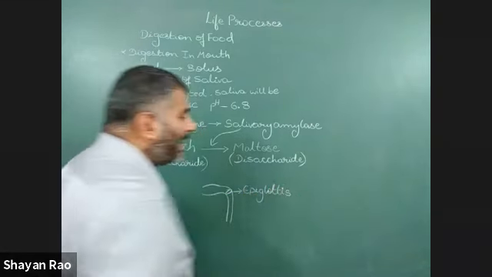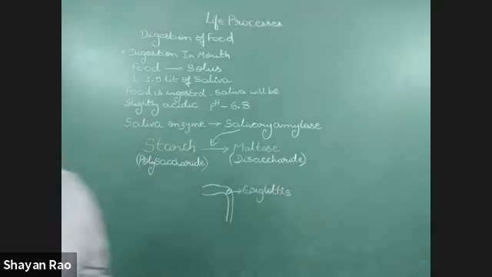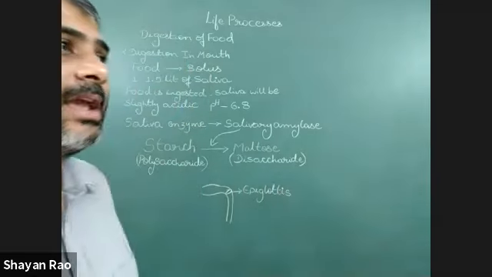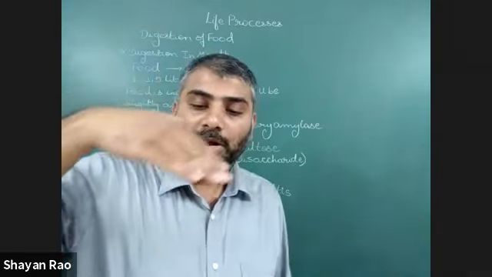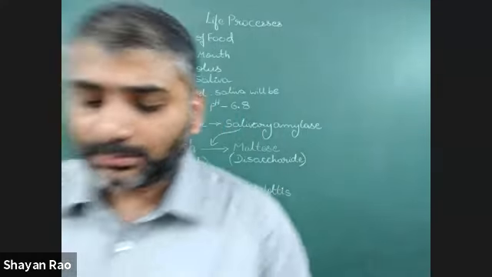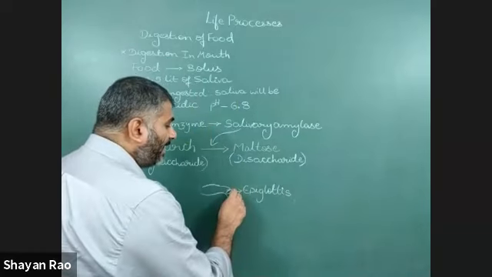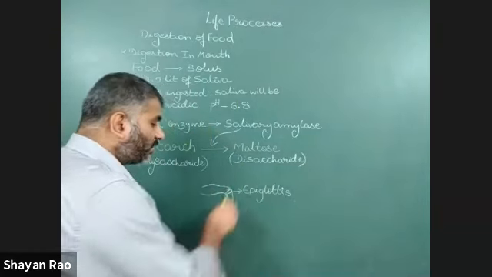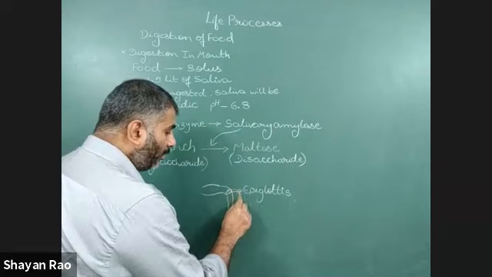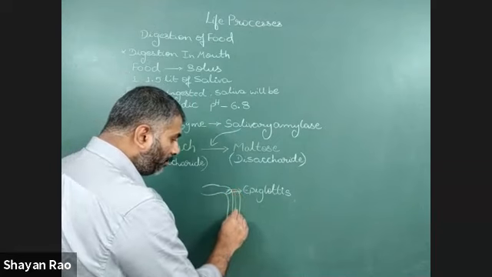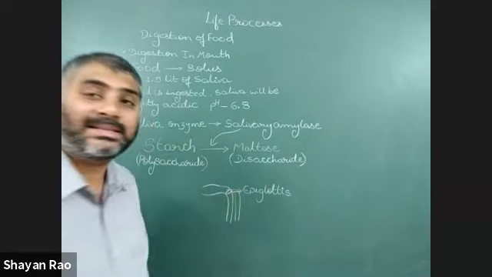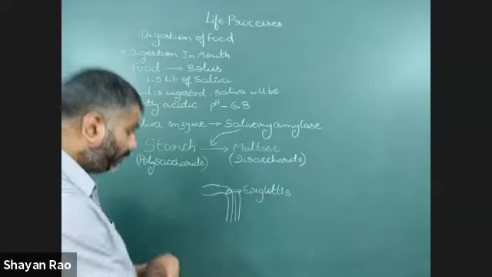It is called the epiglottis. What is the function of this epiglottis? Epiglottis is a flap. Behind the esophagus, there is one more opening or tube-like structure, which is the trachea.